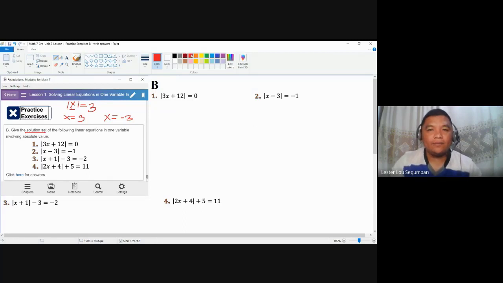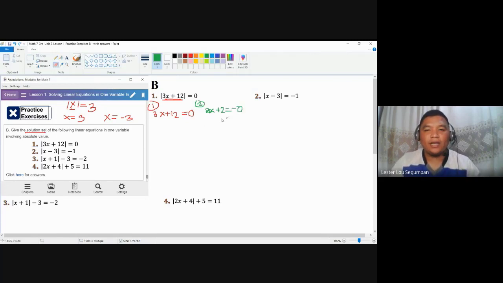Again, our first case here is taking the whole expression. That's our case 1. 3x plus 12, equating it to the positive value, but since 0 is non-positive, non-negative, we still have 0. The second case is again taking the same expression and equating it to the negative of the value, which is 0.